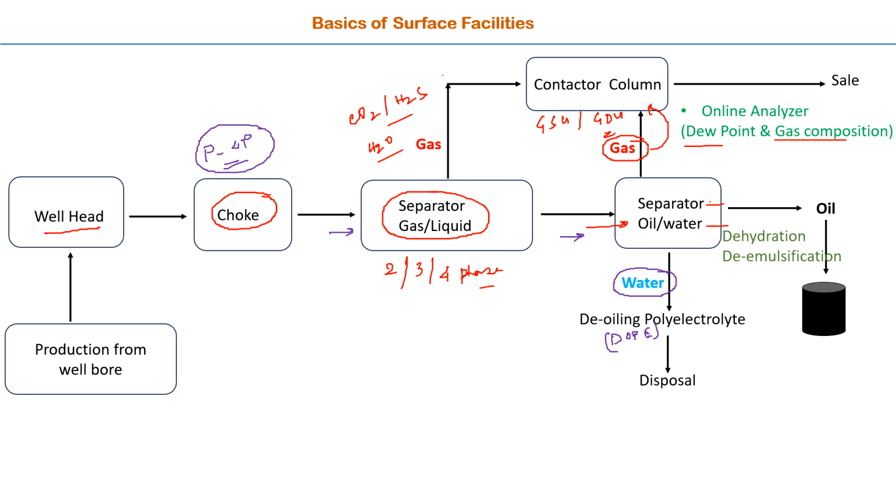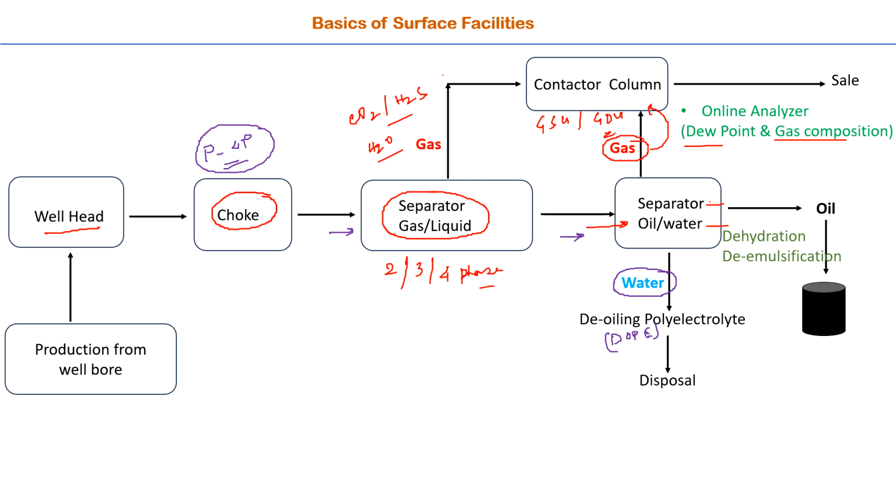So therefore in the first stage of separator, we saw that gas is coming out. Again, as the pressure is further reduced, the remaining carried over gas is coming out in the second stage of separation, and after that the oil is coming out from the fluid.